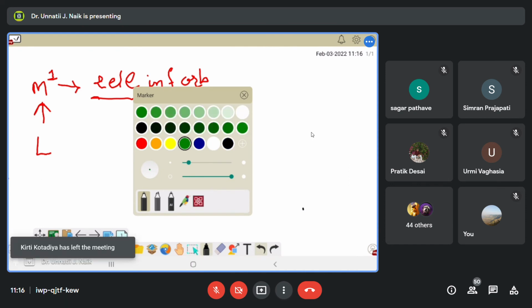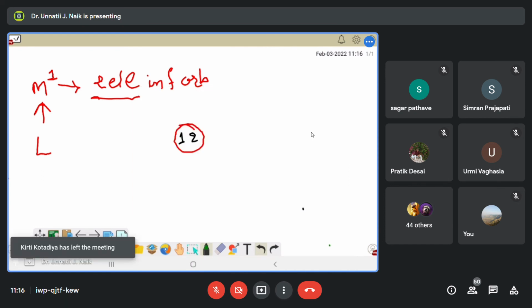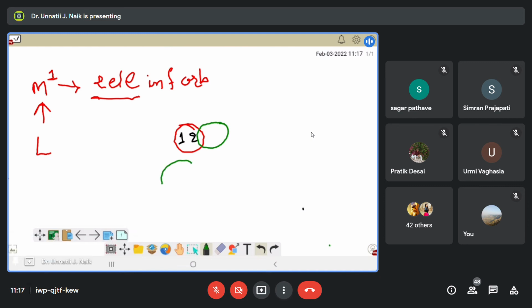We have this combination of orbitals. When we are representing this combination of orbitals, actually what is happening? Maximum overlapping of both the orbitals will give this much space for the electrons to move.